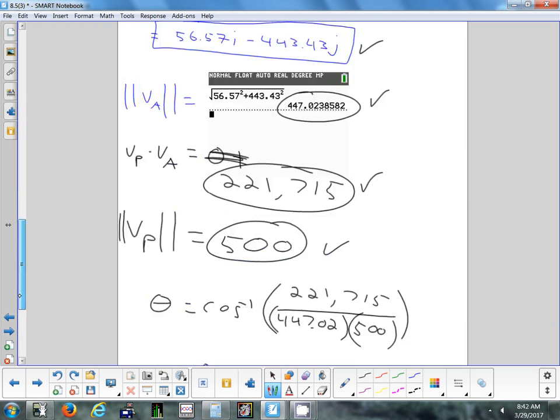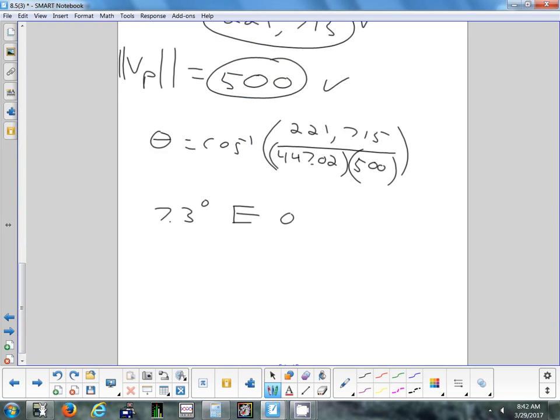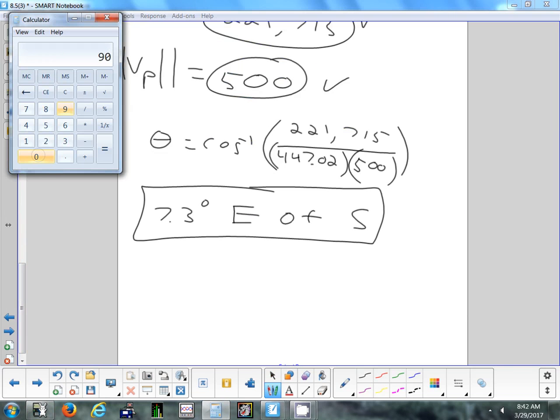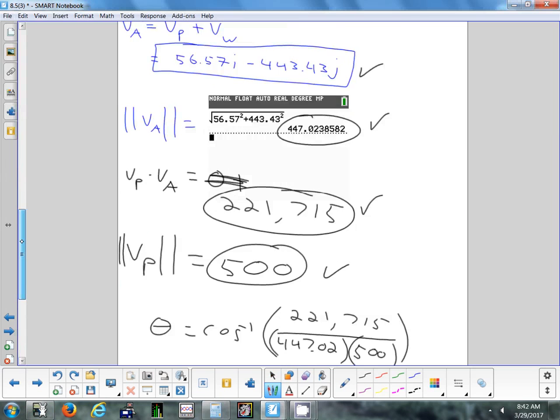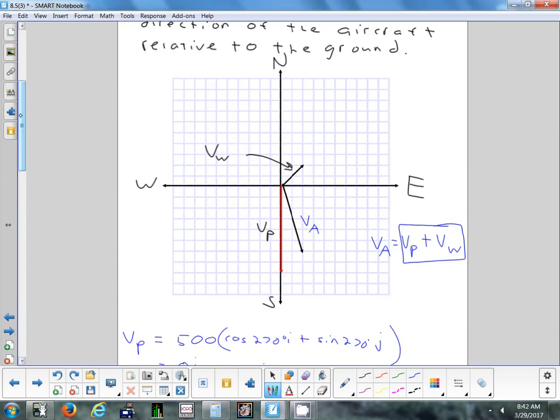So you write east of south. Or the other way you could say it, if you did 90 minus 7.3, that's 82.7. You could also say 82.7 degrees south of east.